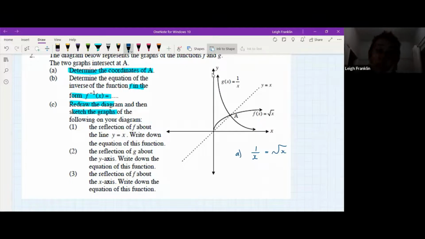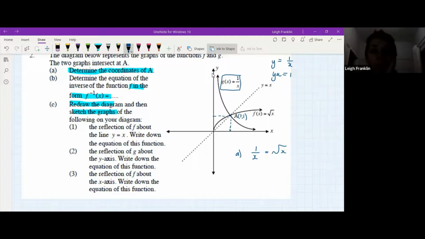Or another way you could look at it: your y coordinate times your x coordinate has to give you 1. So the only way that you can get 1 is by multiplying 1 and 1 together. So by inspection, we could work out that it would have to be 1 and 1.